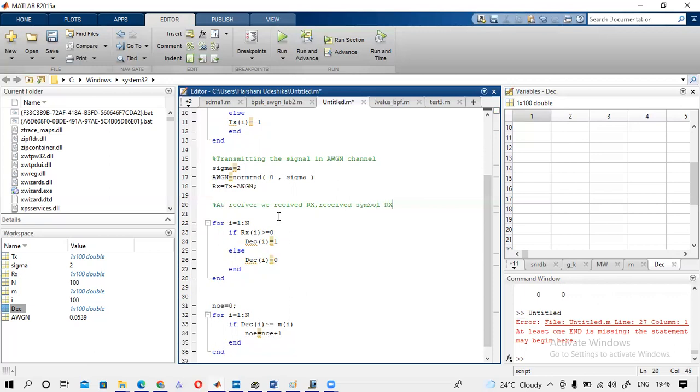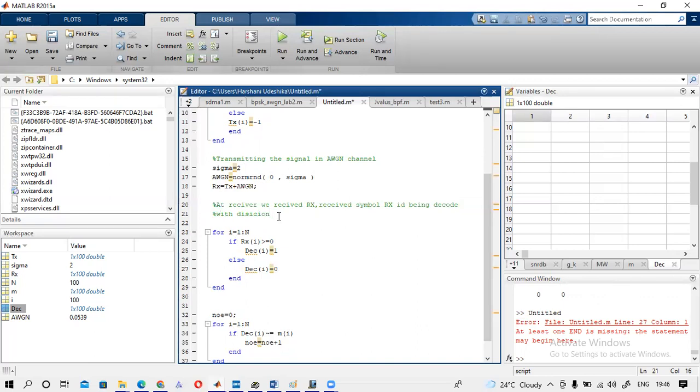Rx is being decoded with the decision boundary.